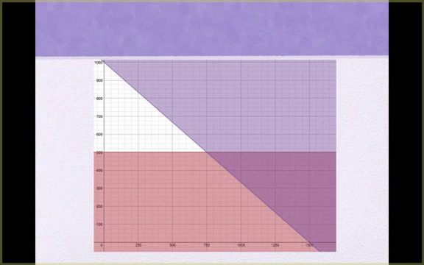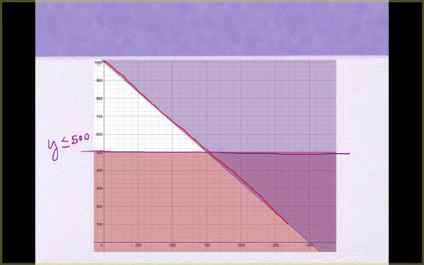I used a graphing calculator to sketch these. This line here is going to be our Y less than or equal to 500. And our second line should be our inequality that 20x plus 30y is greater than or equal to 30,000.